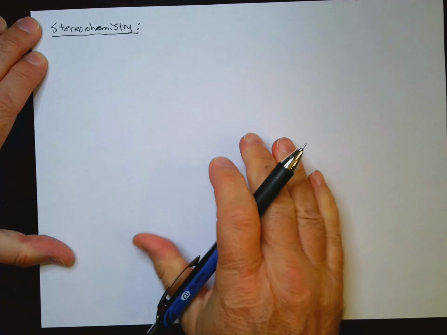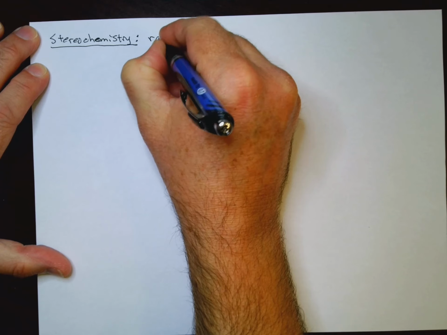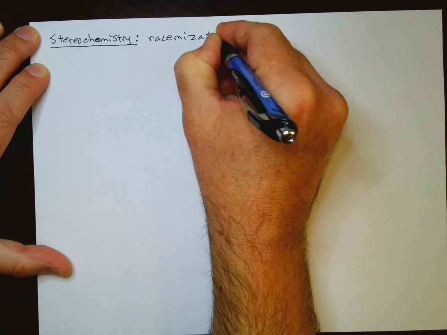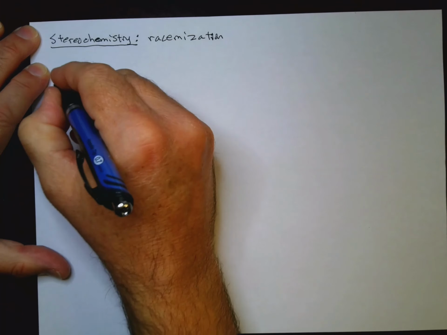And the stereochemistry that we get here is what's called racemization. That is, we get a racemic mixture.